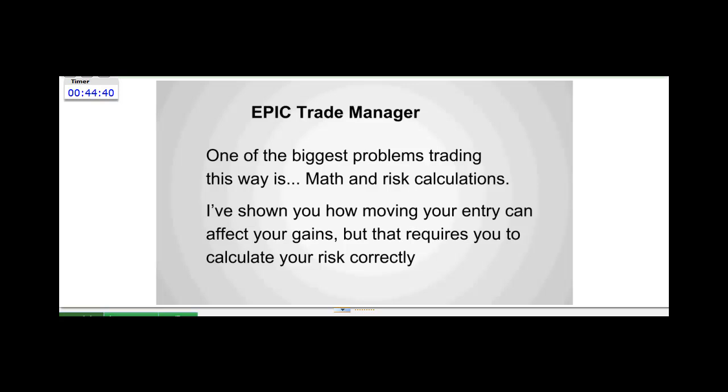Especially with currency pairs, you have different pip values and dollar values connected to that, and it can get messy and complicated. It can take time to calculate, and if you use a shorter time frame, time may be imminent, so you don't have much time to calculate it.